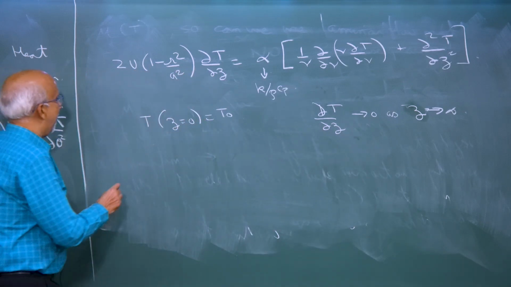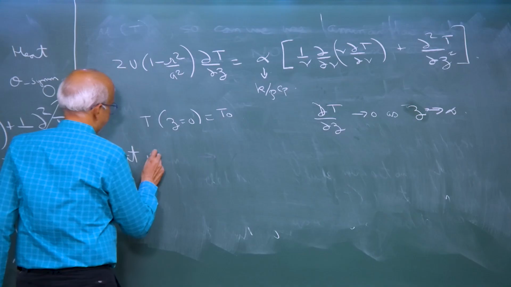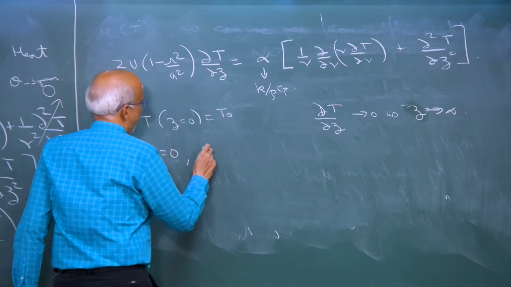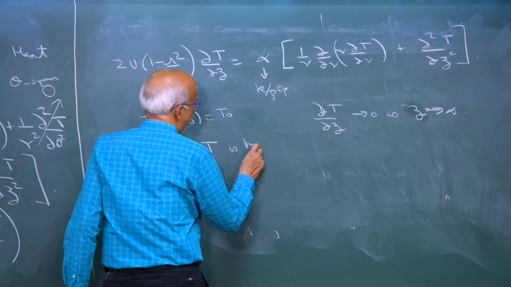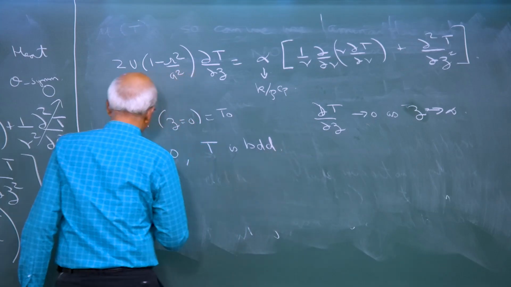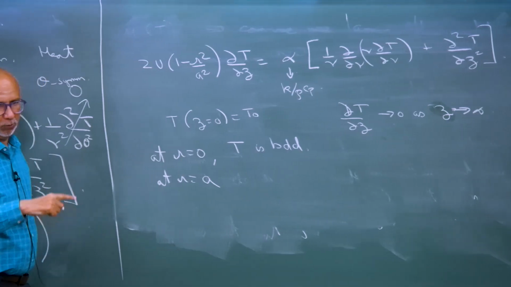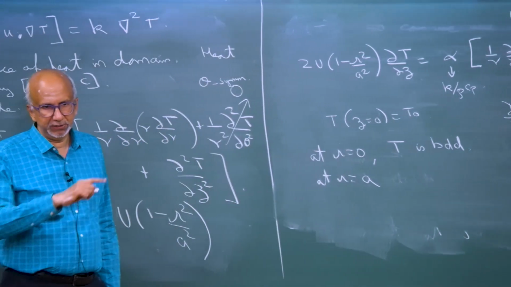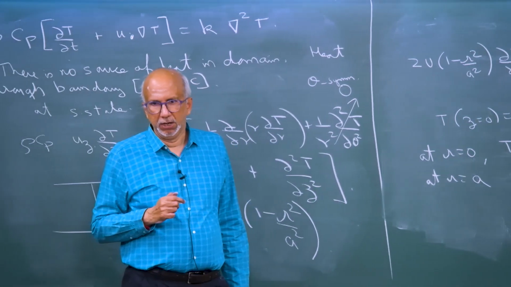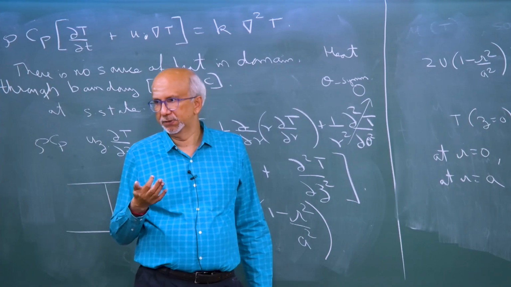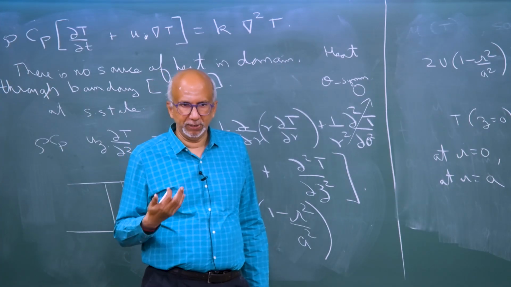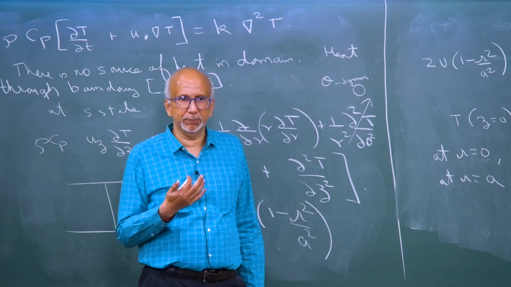And at r equal to 0, temperature is bounded, and at r equals a, r equal to 0 is the center of the pipe, r equal to a is the circumference, I have constant heat flux. I am talking about a situation where I am heating the liquid.